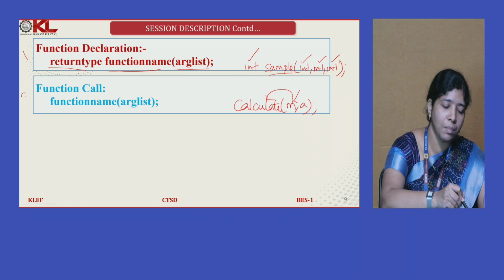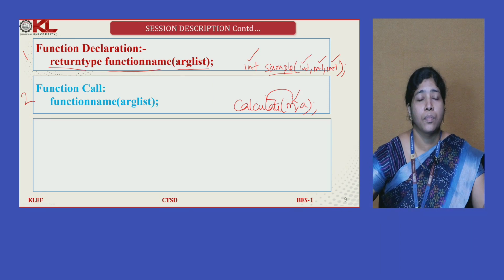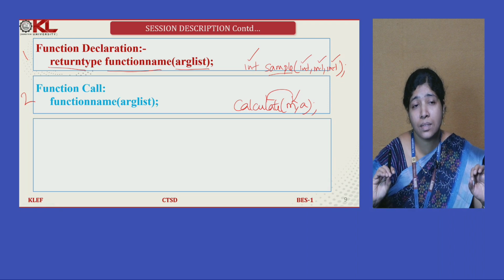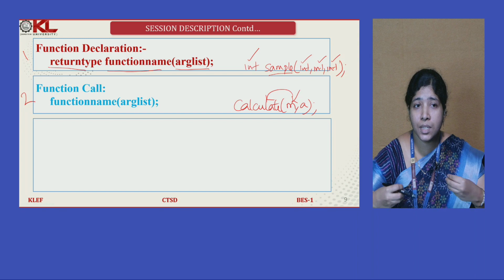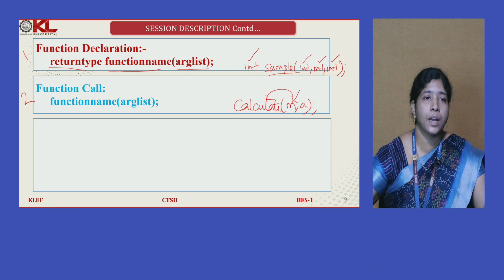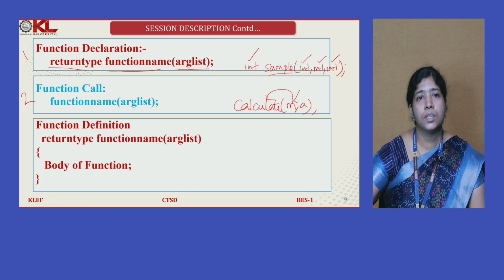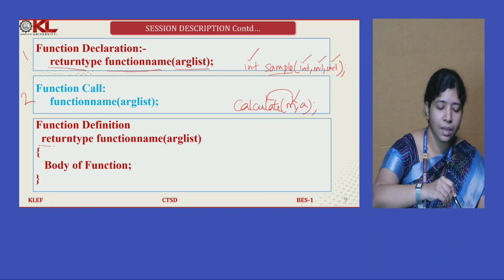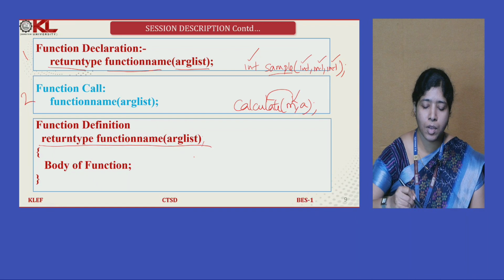So the first one is the naming, the second one is invoking, the third one is the definition. Okay, I have called it. What is the task the user function should do? It should have some instructions in it, right? The instructions that we are supposed to write, we say that is the function definition. In the function definition, again we follow the same thing: the return type, a space, the function name and the inputs, and you don't end with a semicolon.